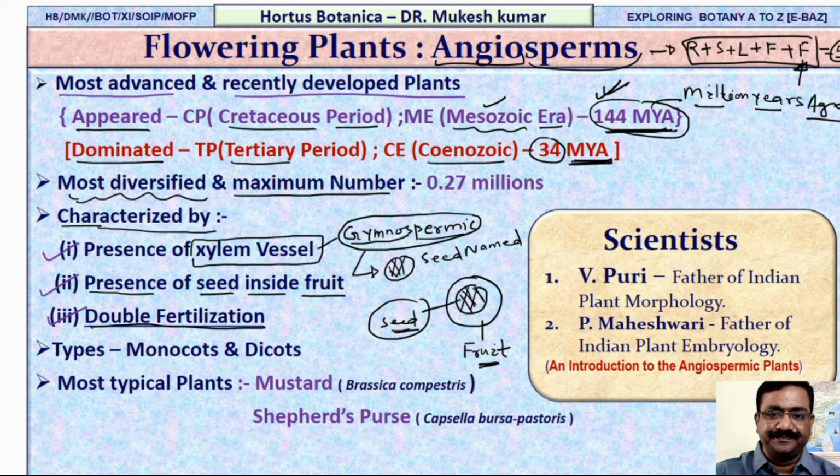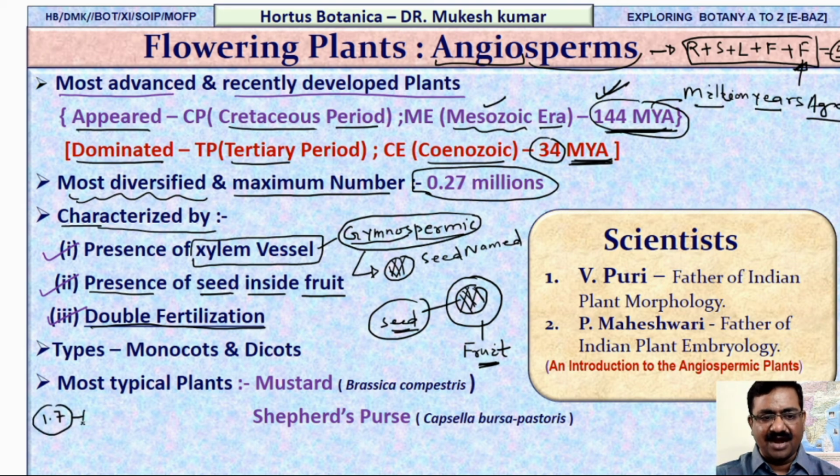Fine. So the maximum number of this angiospermic plant is 0.27 million. See, I am telling you in a nutshell. Total we have 1.6 to 7 million organisms.